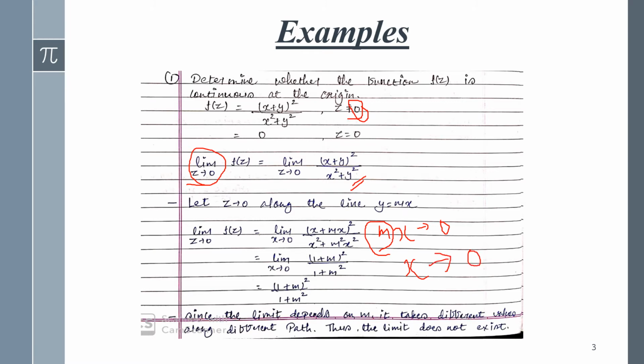So here I have written limit x tends to 0, and in place of y now we will put mx: x plus mx whole square upon x squared plus m squared x squared. Now from the numerator and denominator x squared is common, so I take it out and it cancels. The remaining term will be 1 plus m whole square upon 1 plus m squared.